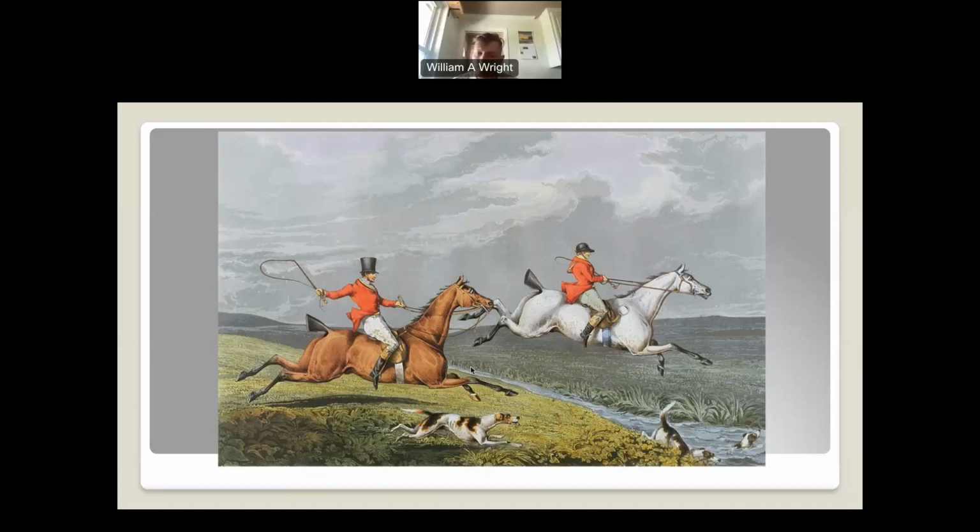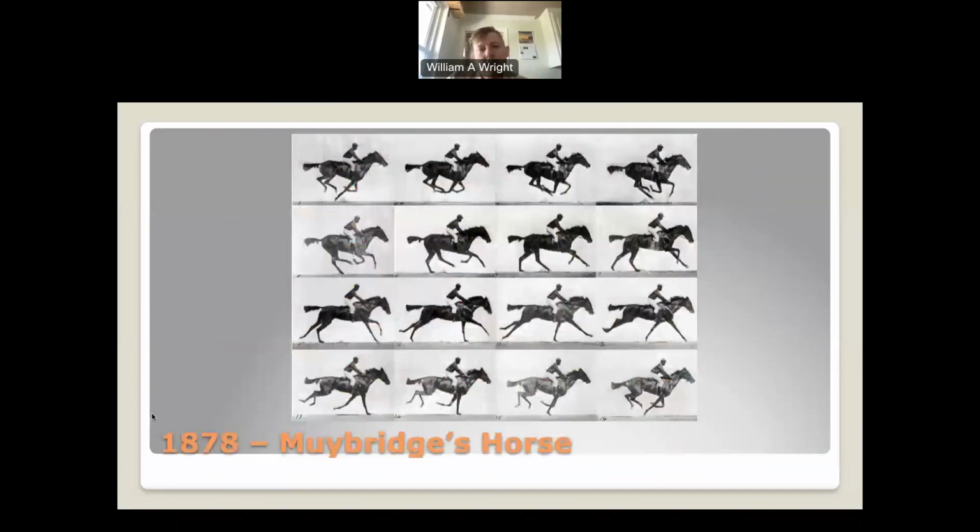Not even 1 second, but less than that. And each place where the horse is will be captured by the camera that's tripping it. And they do some trials. Sometimes they're too blurry, sometimes they don't work. But essentially, in the end, they end up with this series of photographs of a horse running.